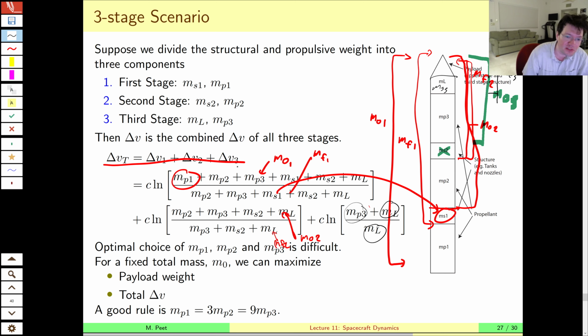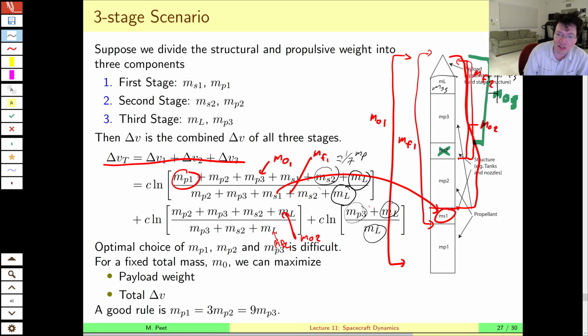Now we have lots of design parameters here we can think of. Typically the payload is fixed, so we can't really play around with that. The structural mass is typically that structural mass fraction, like the one I talked about on the previous slide.